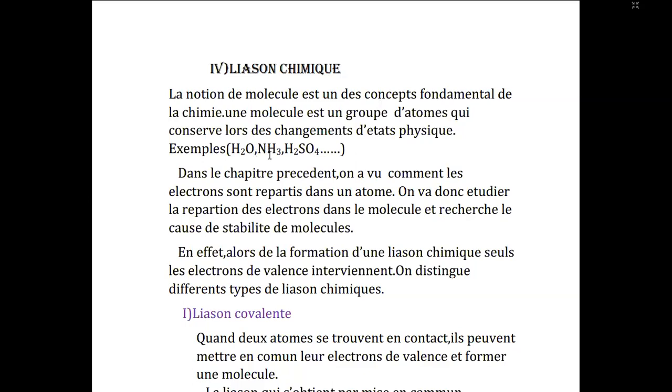If I get nitrogen and hydrogen, I bring them together, I form a molecule NH3. So these are different atoms. So if I get hydrogen, sulfur, oxygen, put them together, I form another molecule, H2SO4. So these are the molecules.